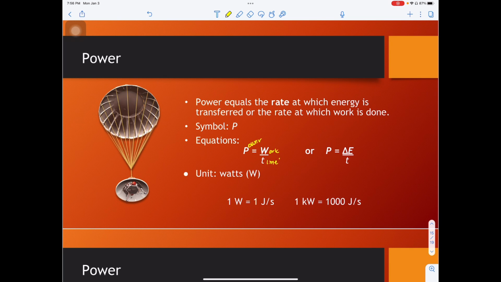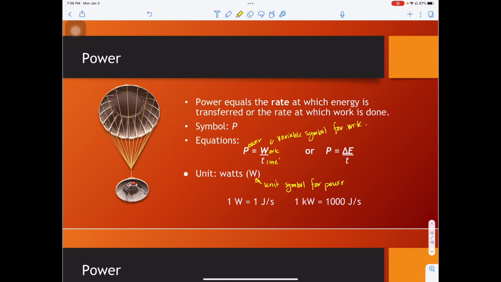Now here's where it gets bad. The units of power are watts. So this is the unit symbol for power, but that looks familiar, doesn't it? This is the variable symbol for work. So you have these two weird things.